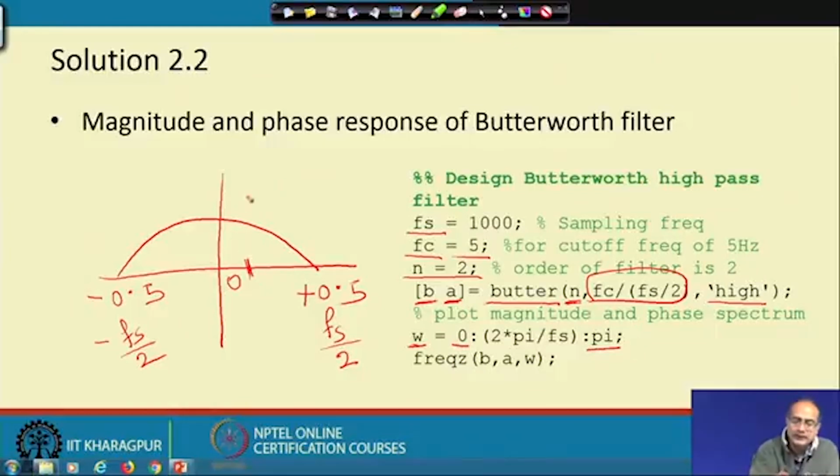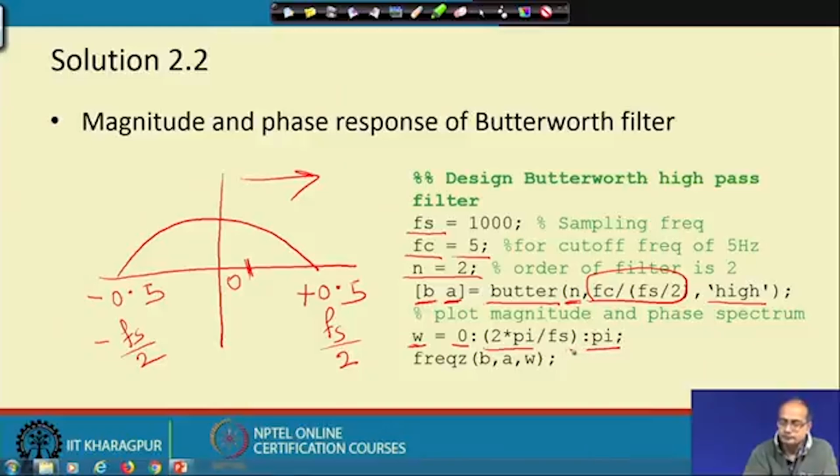So, we are looking at the positive part of the frequency axis, and so instead of going from minus pi to pi, we are writing only the right hand side of it, and it is increasing in this way, that each increment is 2 pi into 1 by fs.